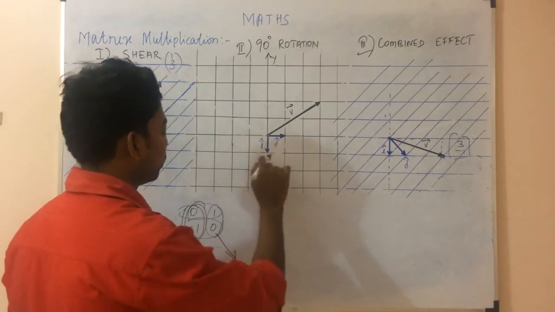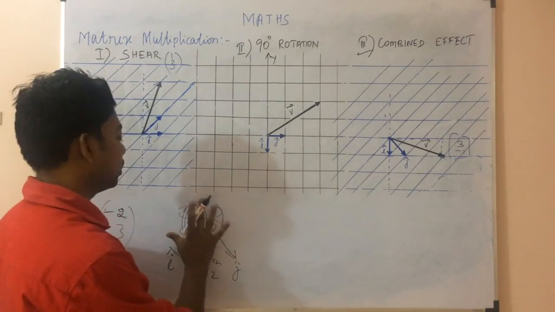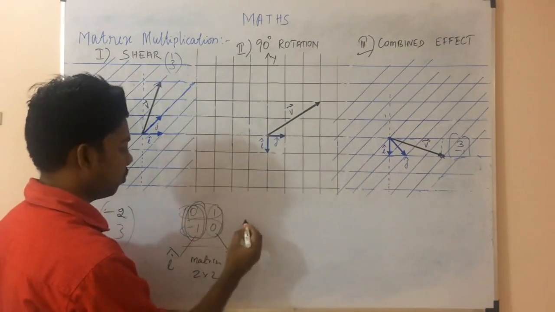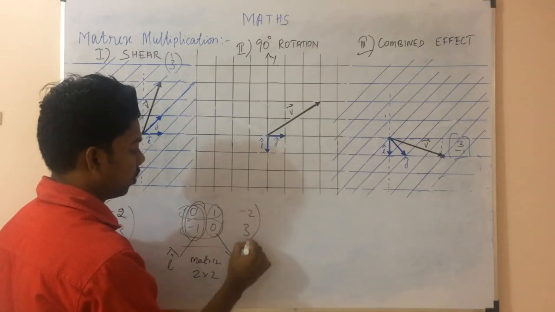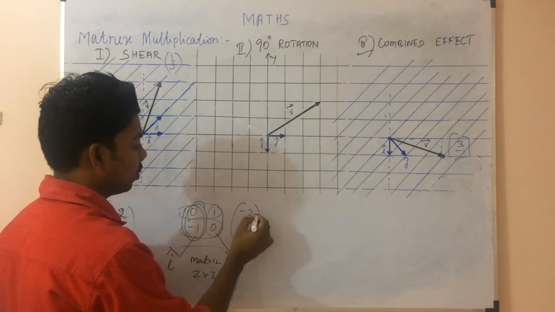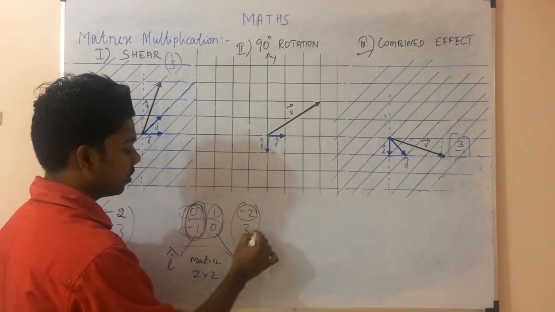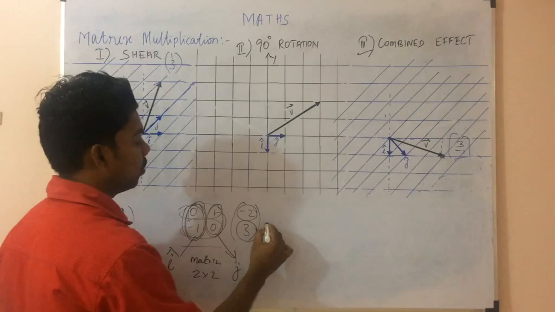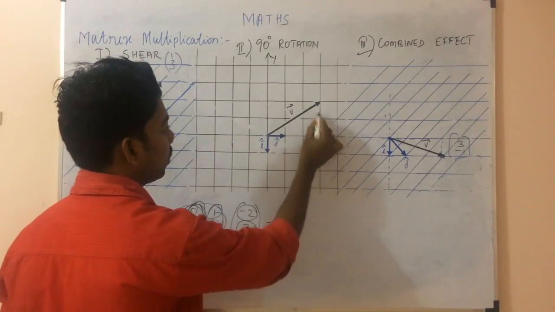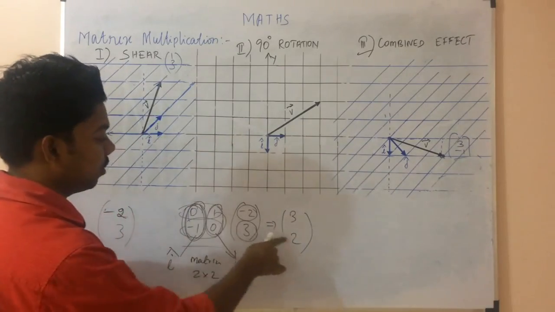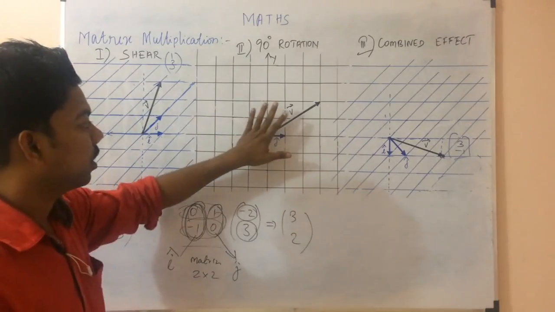Now see, if you multiply this transformation matrix with this vector, minus 2, 3, as I have already defined, this gives minus 2 times this column plus 3 times this column. You will get 3, 2. Now if you multiply this, you will get 3, 2. So this is the effect.